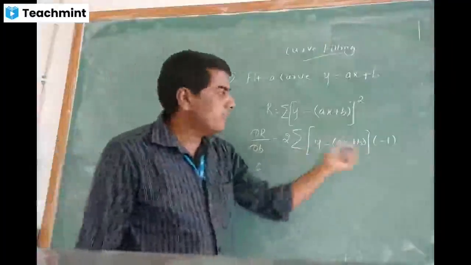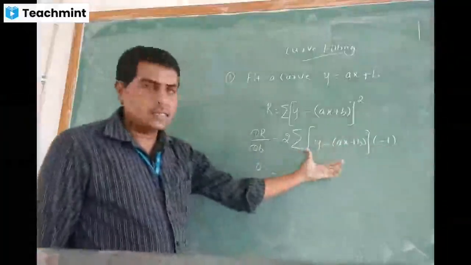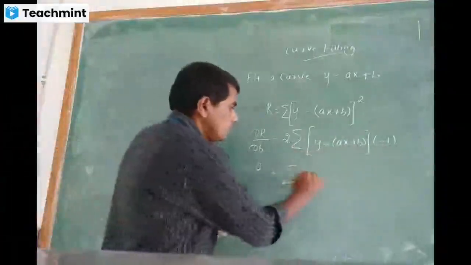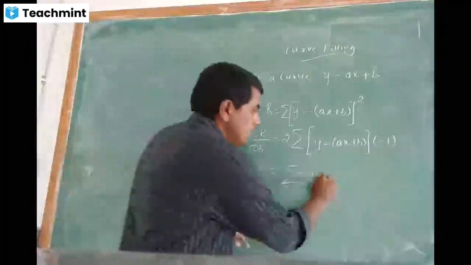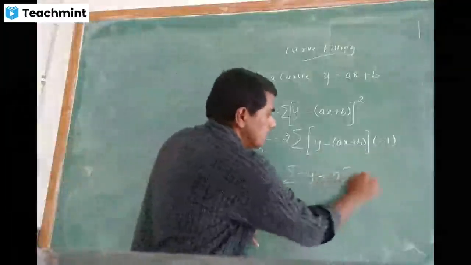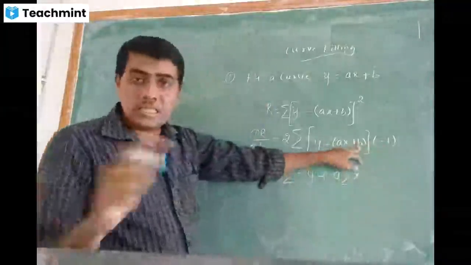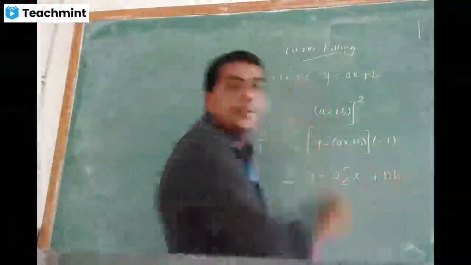Now let me multiply this minus 1 inside the bracket. This term becomes y into minus 1 is minus y, minus a into minus 1 is plus a into summation x, minus into minus is plus, and the constant summation is n into d.